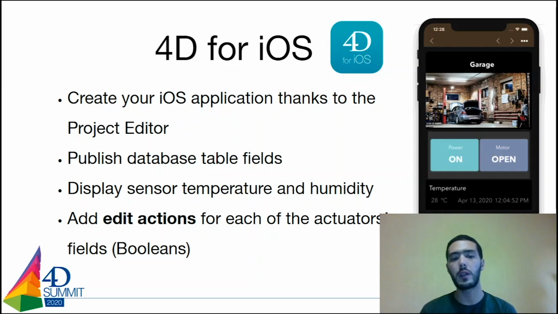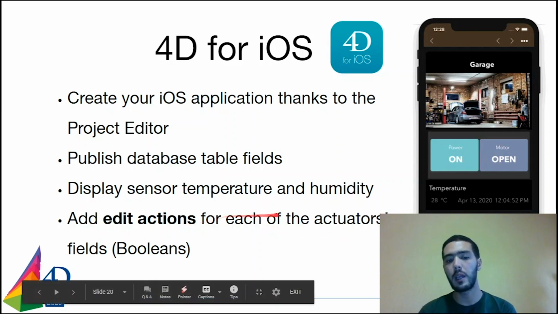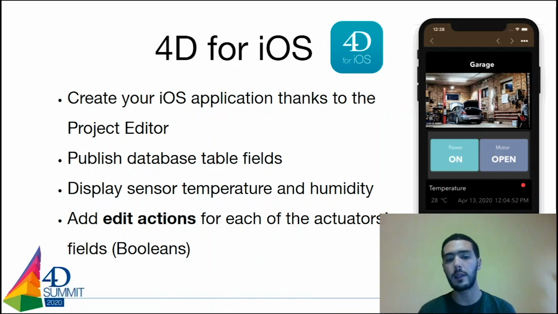We'll publish the database table fields we've just created, and we'll simply display the sensor temperature and humidity values of these fields, as we've done here. We'll also be adding edit actions for each of the actuator fields, which in this case are booleans.